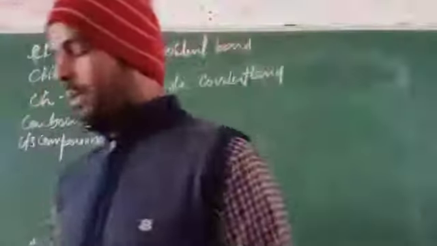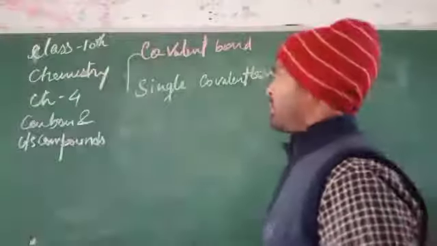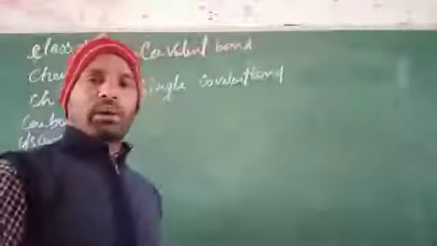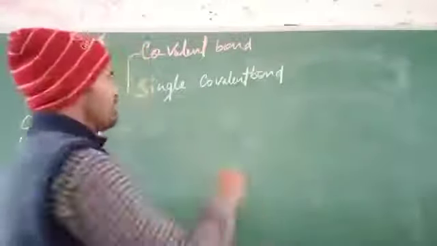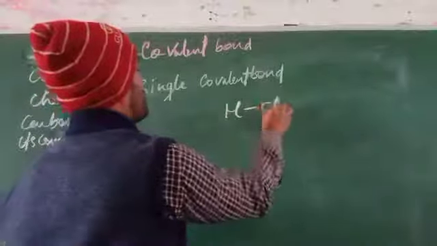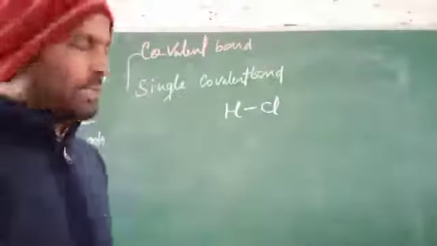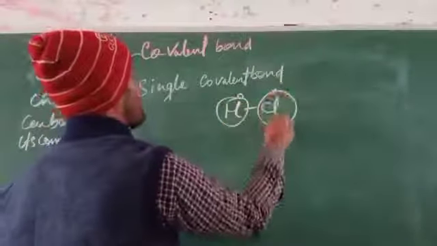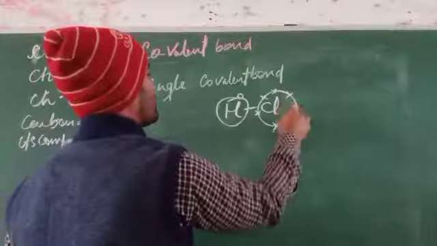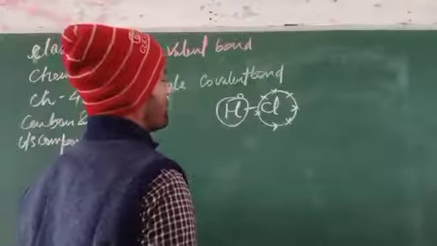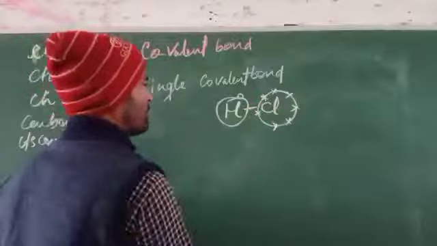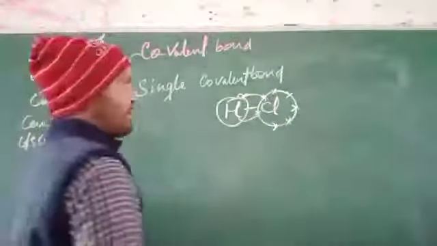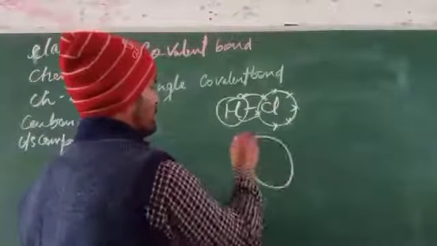Or we can say it is the bond resulting from the equal sharing of electrons, like hydrochloric acid. In hydrochloric acid, there is one electron from the hydrogen and 7 electrons in the outermost orbit of chlorine.